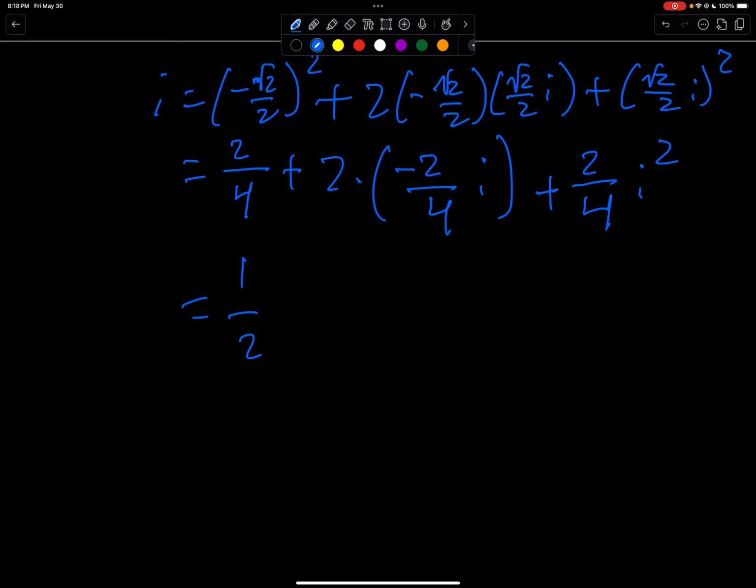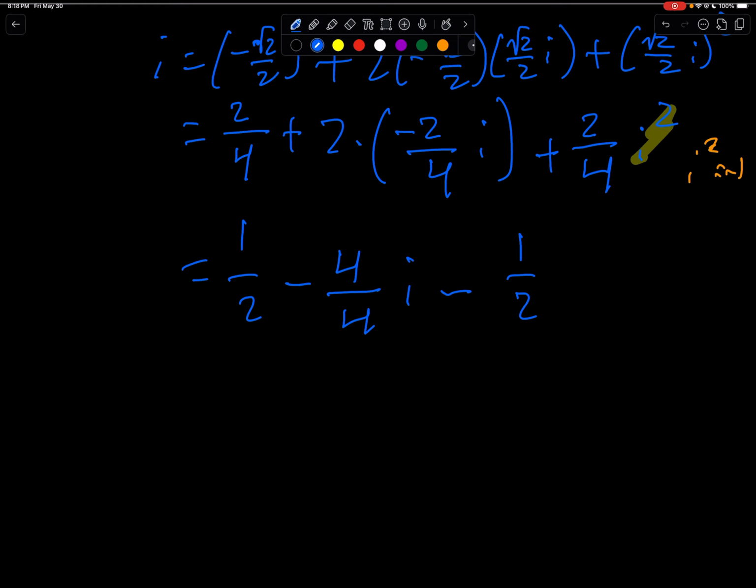So then this will then be 1/2 minus 4 over 4i minus, and then remember i squared is negative 1, right? We'll have 1/2 minus 4 over 4i, and this would be minus 1/2.